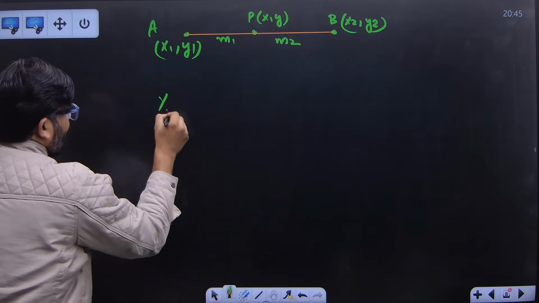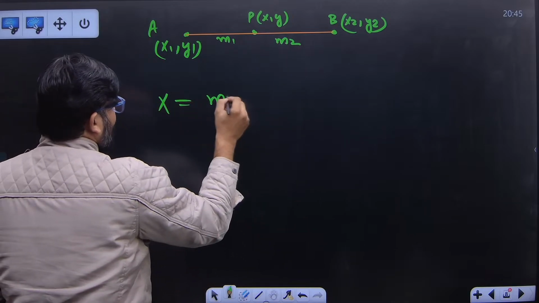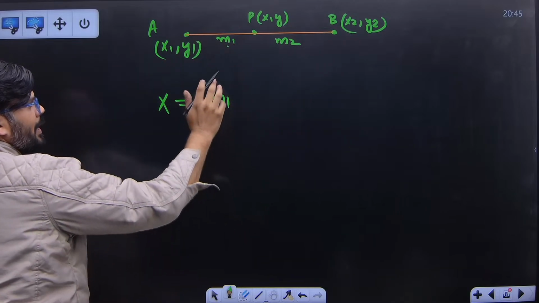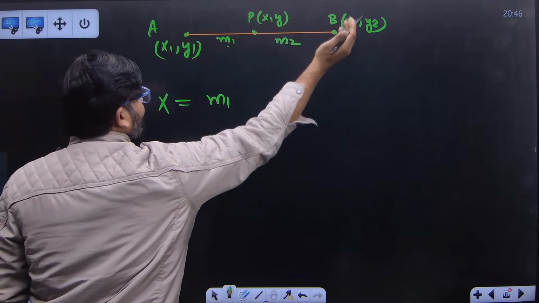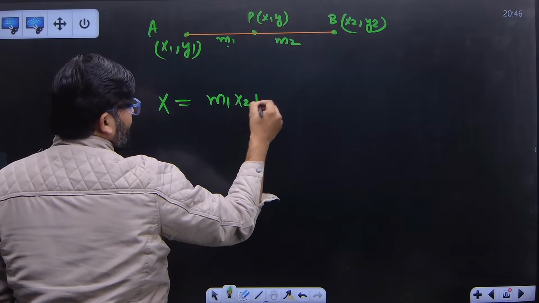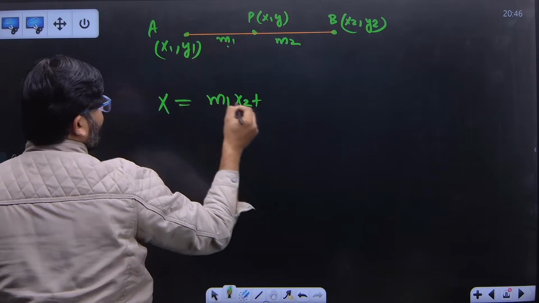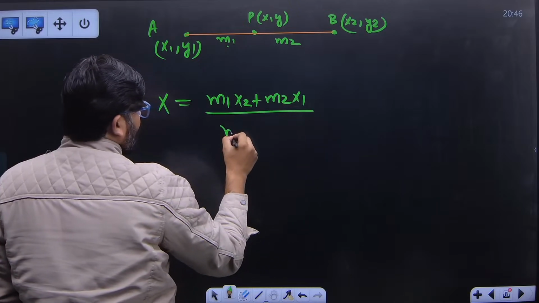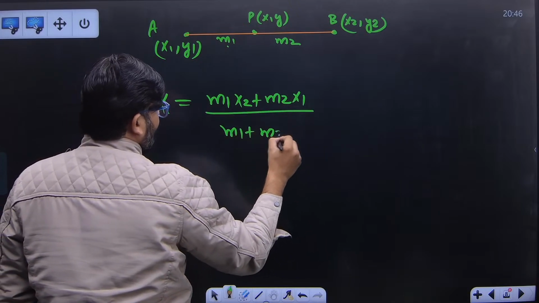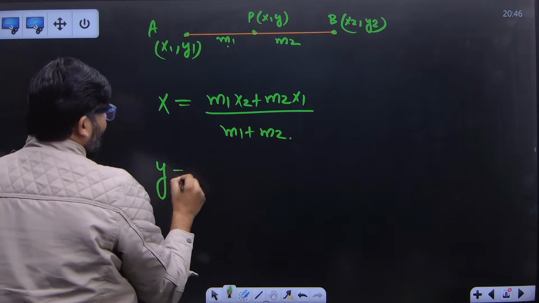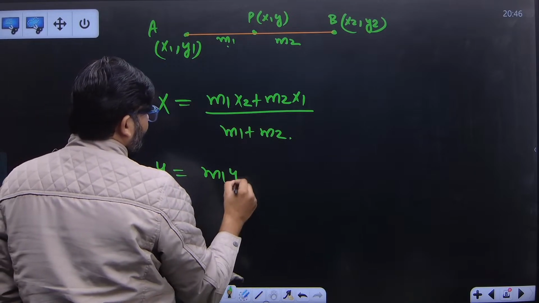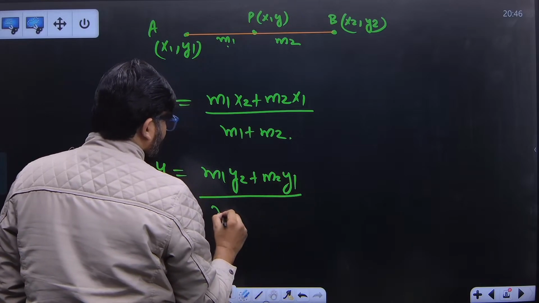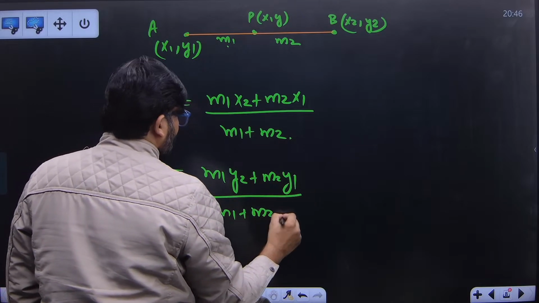So what is the coordinate of x? m1 will be multiplied by x2. You just need to remember like this: first number will be multiplied by the second number. So m1 into x2 plus m2 times x1, divided by m1 plus m2. Similarly, y will come out as m1 y2 plus m2 y1 divided by m1 plus m2. Understood?